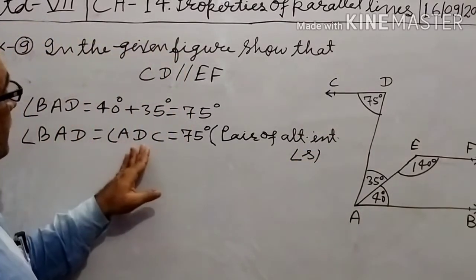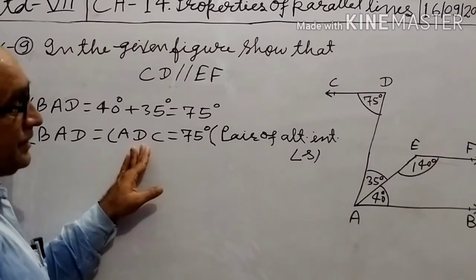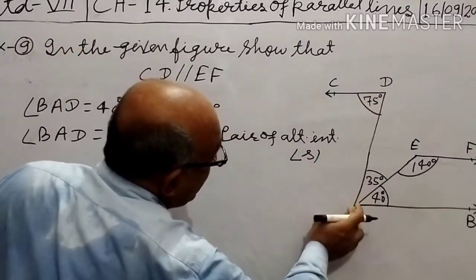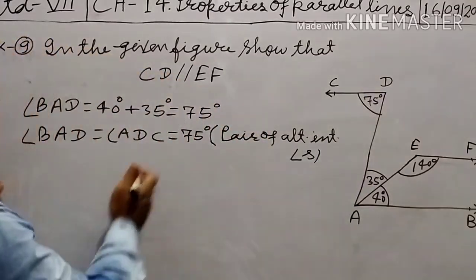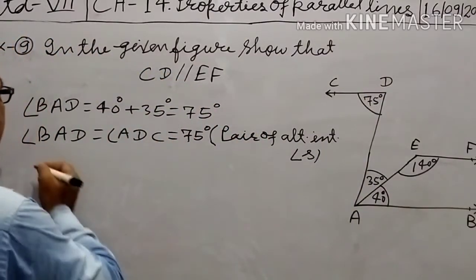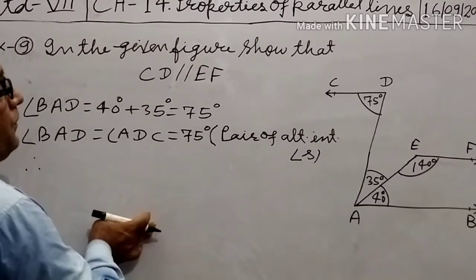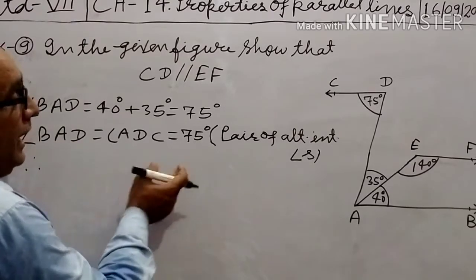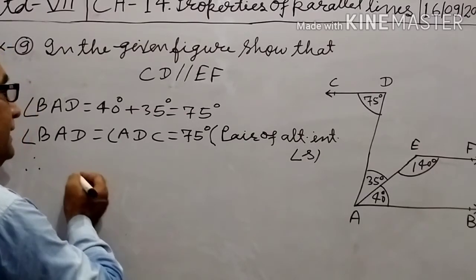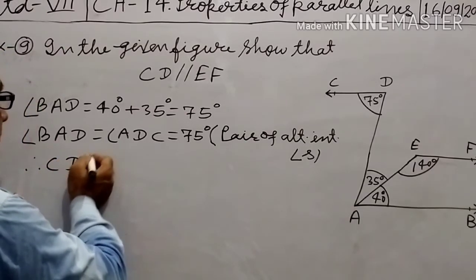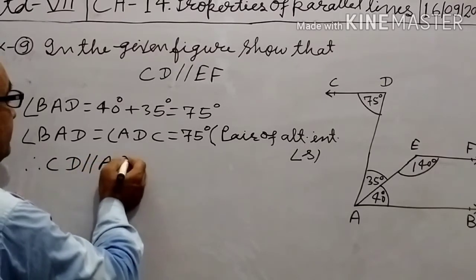Therefore, when a pair of alternate interior angles are equal, then the lines are parallel. So CD parallel AB. Equation 1.